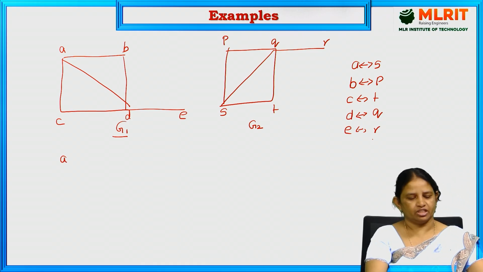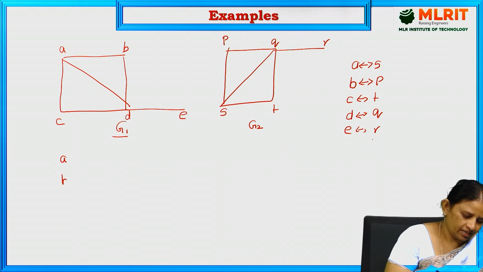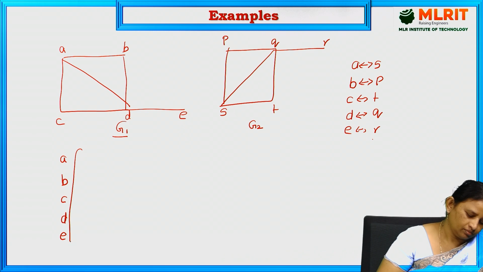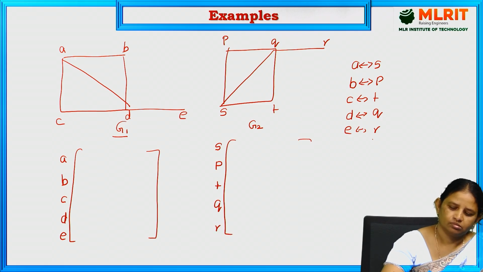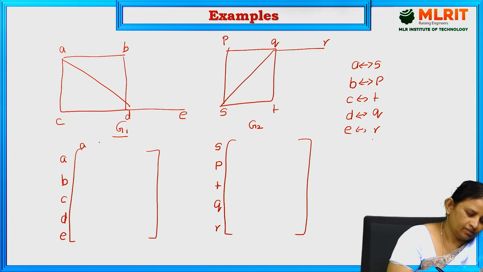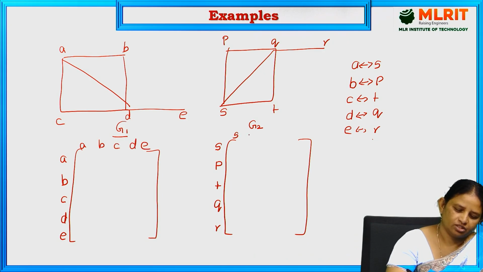Now we need to verify each and every column. A, B, C, D, E. This is for G1. For G2, A is equal to S, P, T, Q, R. So A to A, no edge, 0.